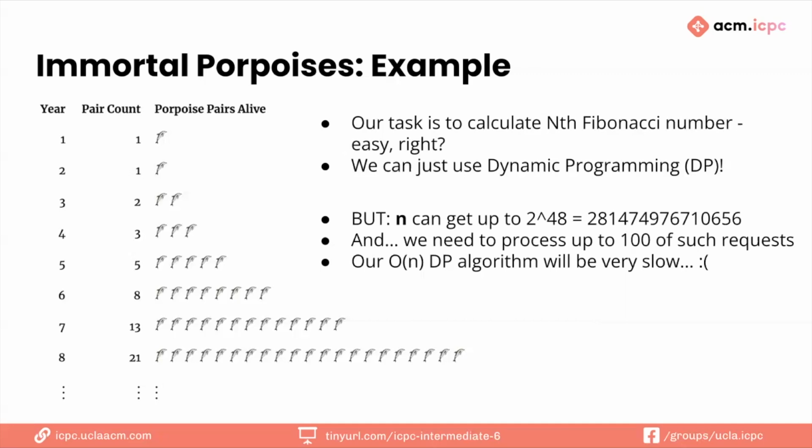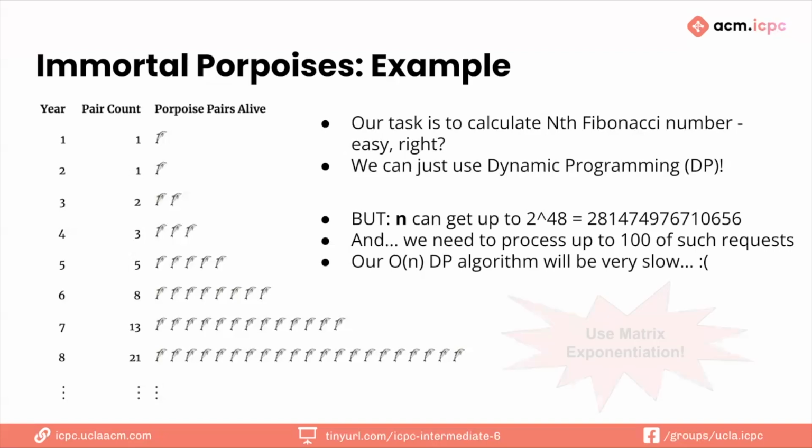Moreover, we need to process up to 100 such requests, which makes the number of computations even larger. Our dynamic programming algorithm is O of n. And as Charlotte mentioned, we'll exceed the time limit if we perform more than 10 million or so operations. And this is clearly more than 10 million operations. So all in all, our DP algorithm will be very slow, and we need something faster.